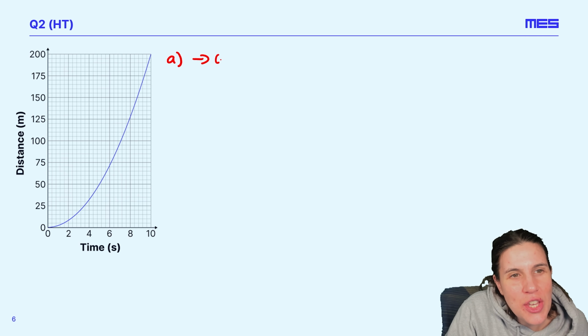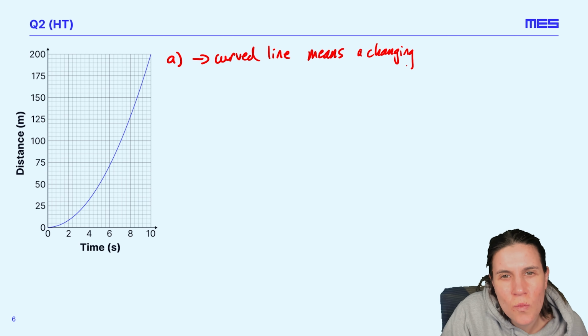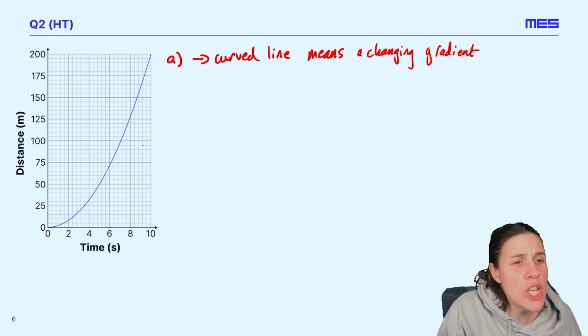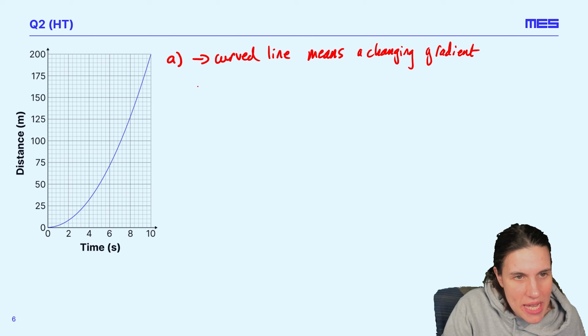So a curved line means a change in gradient. Now, we know that the gradient of a distance time graph is the speed.